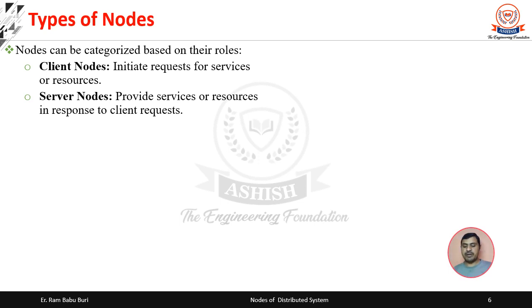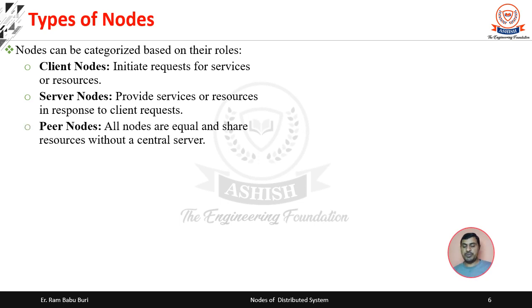Example, a web server responding to a request from a web browser by sending a web page. Server nodes act as the service providers within a distributed system. They handle client requests, perform computations, store data, and deliver the desired outcome.